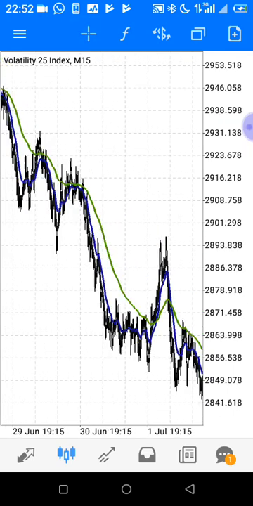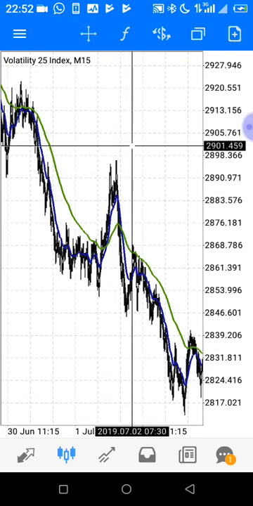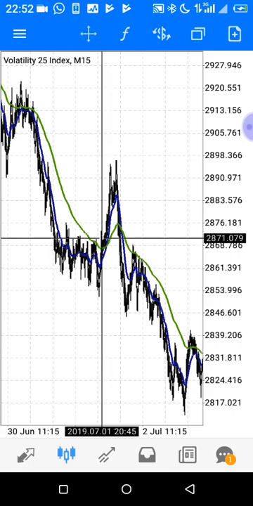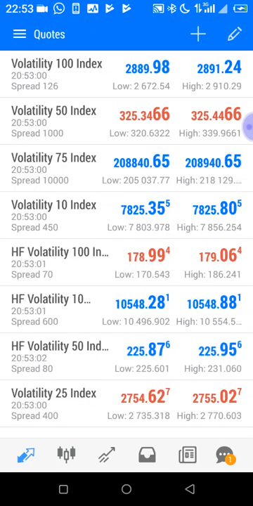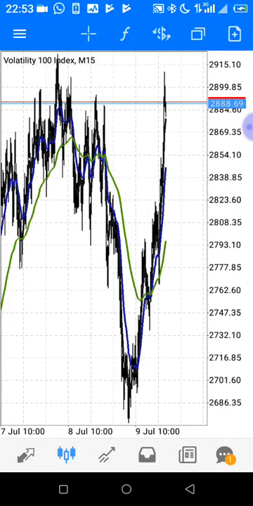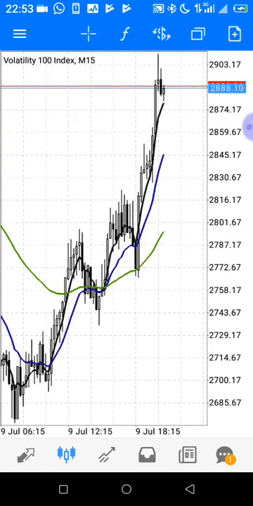Even in smaller time frames, it did buy here, it did sell. So it works. So I'm gonna add a few things to this strategy, just to make it more and more perfect and user friendly.